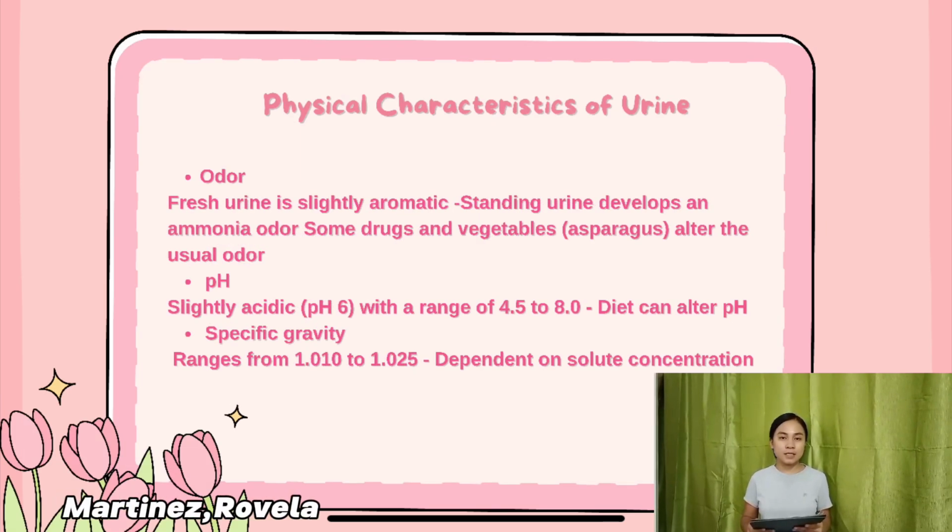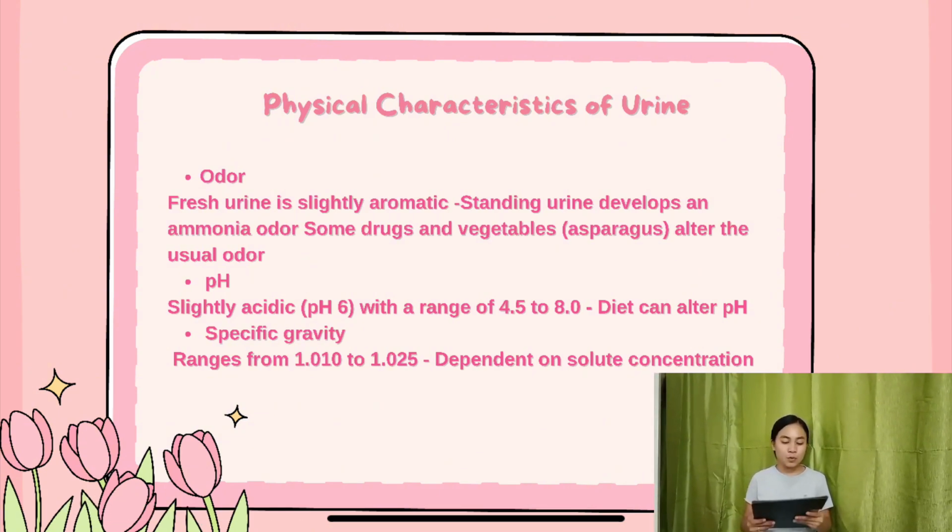Physical characteristics of urine. Physical characteristics of urine can provide clues about a person's overall health. And urine naman po is a liquid waste product produced by the kidneys that helps to remove waste and excess fluid from our body. We have different colors of urine. We have normal colors of urine: pale or transparent yellow, and light to dark yellow.